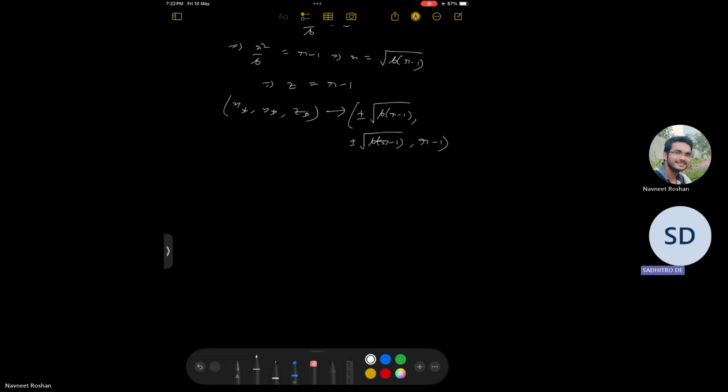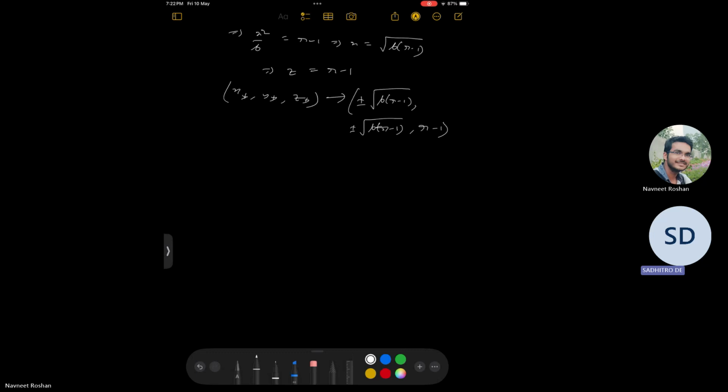So you see over here that these fixed points do not exist if r is less than 1. They can only exist if r is greater than 1.